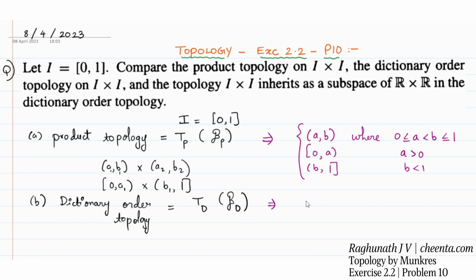What is dictionary order? You say that (A, B) is less than (C, D) if and only if A is less than C, or A is equal to C and B is less than D. So basically, first you compare the first coordinate, then if they are equal, go to the second coordinate in order to tell the ordering.